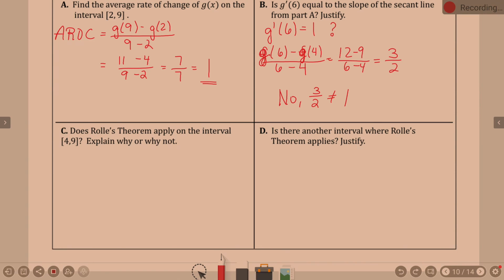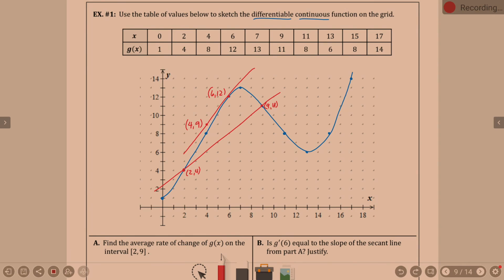Does Rolle's theorem apply on the interval 4 to 9? Now, Rolle's theorem: does it apply on the interval 4, which is right here, to 9, which is right here? Why not? Because for Rolle's theorem, the slope between the endpoints would have to be 0.